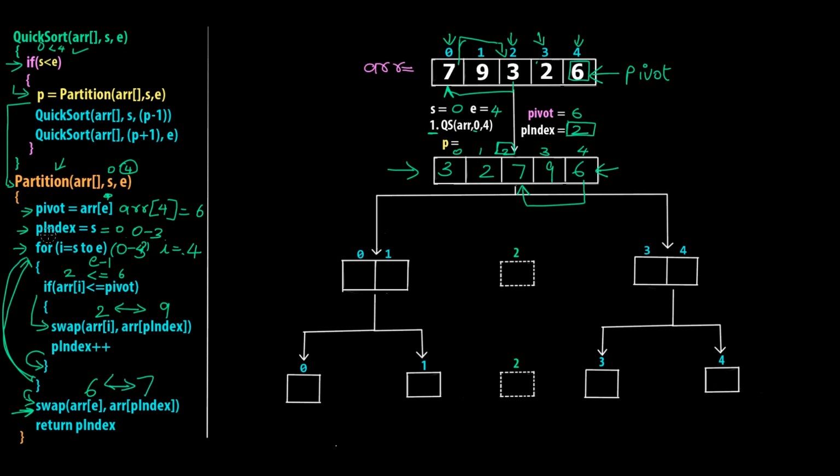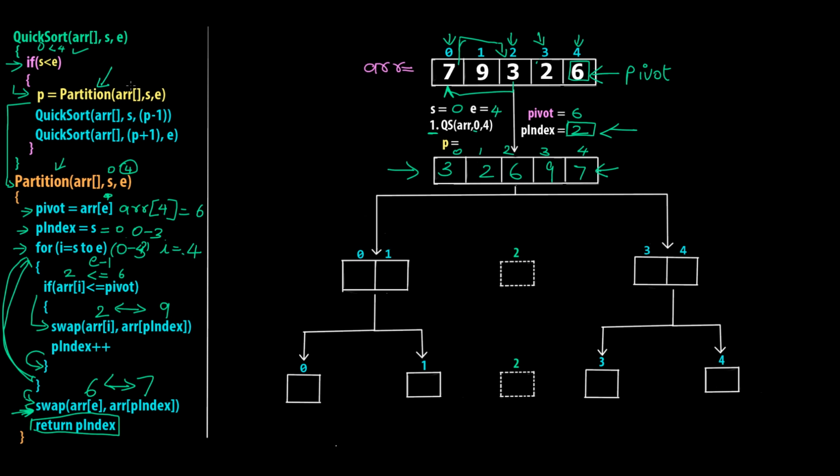That's the reason why we want P index to keep track of the positions in the array. That's the purpose of P index. So now we will swap 6 and 7. 6 will come over here, 7 will come over here, and this is the last swapping that is happening, and ultimately we will return P index. What is P index over here? It is 2. So this is returning P index, and remember we had called the partition function over here in the QuickSort function.